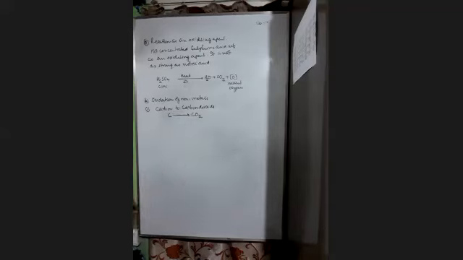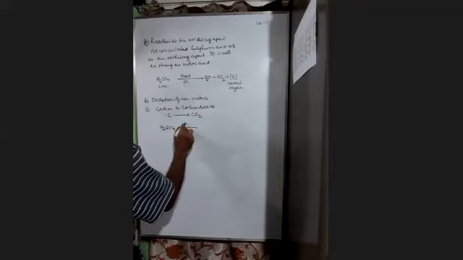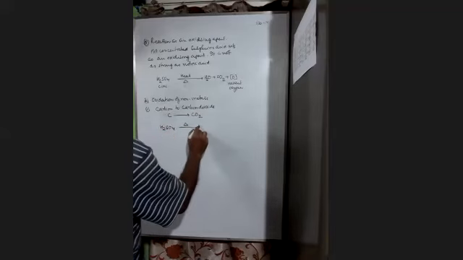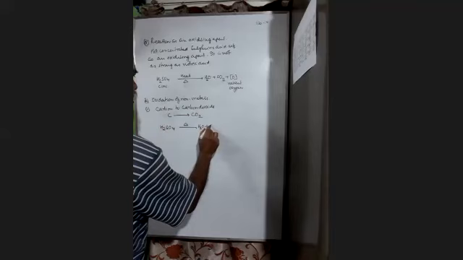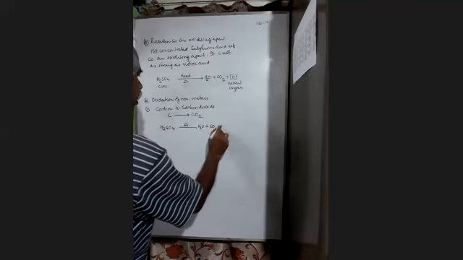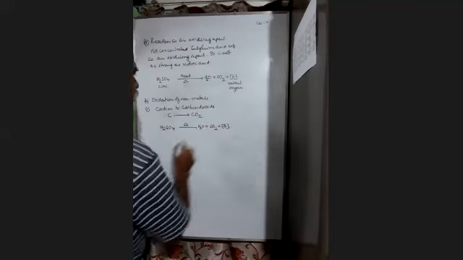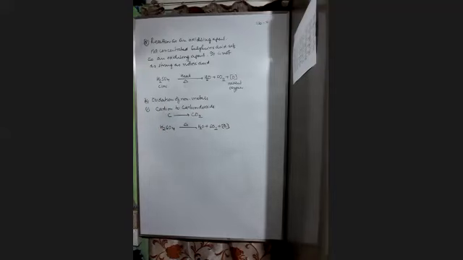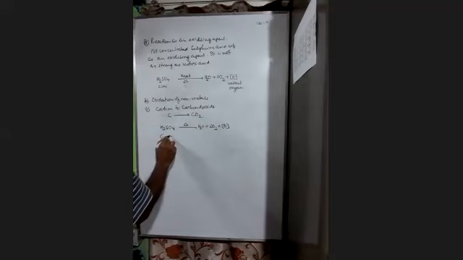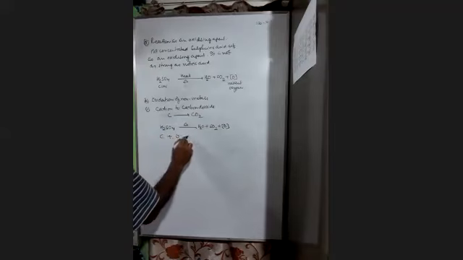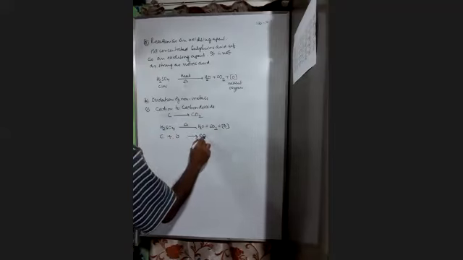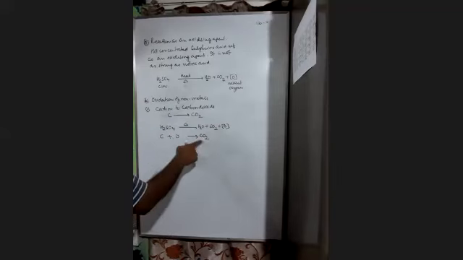So now you know how to do, right? H2SO4, heat, H2O, sulfur dioxide, oxygen. Okay, now carbon dioxide we require 2, so I shall write here 2.